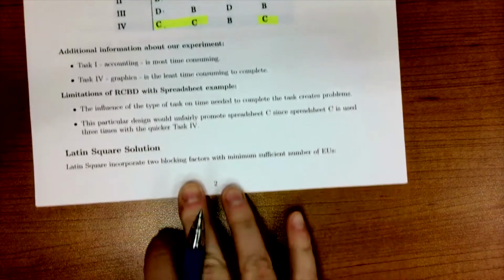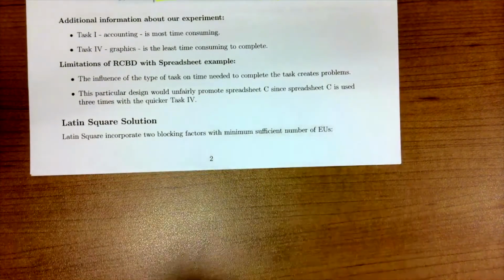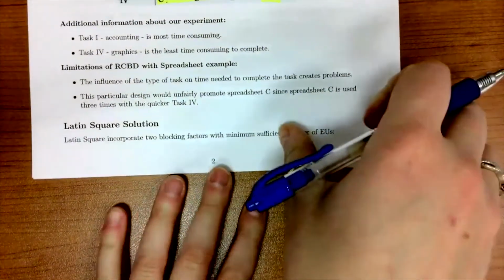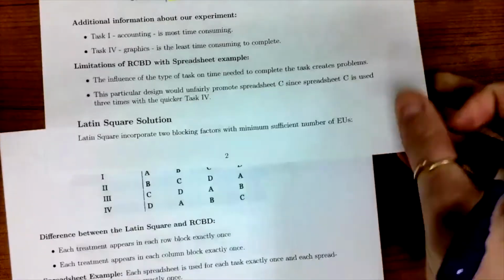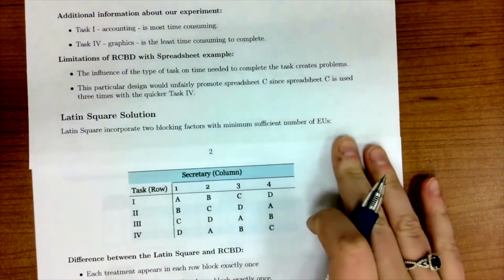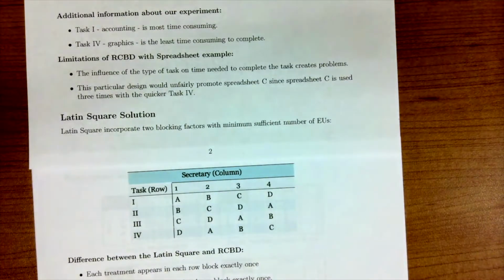Our Latin square solution is going to incorporate 2 blocking factors, and a really good part, and the reason why Latin squares are a good design, is because it's going to minimize our number of EUs. So we can do this design with a very small number of observations, which is efficient use of resources.